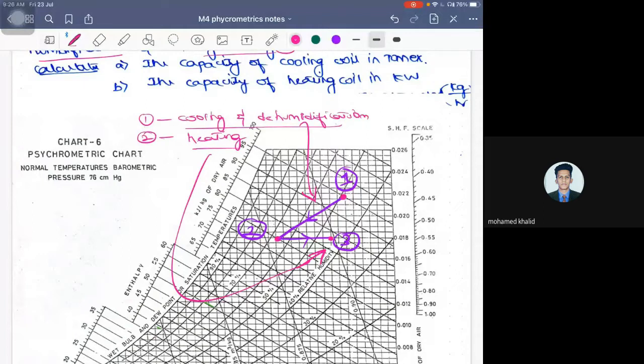With your understanding, whether we have correctly plotted cooling and dehumidification and heating, both the things. Yes or no? Okay.